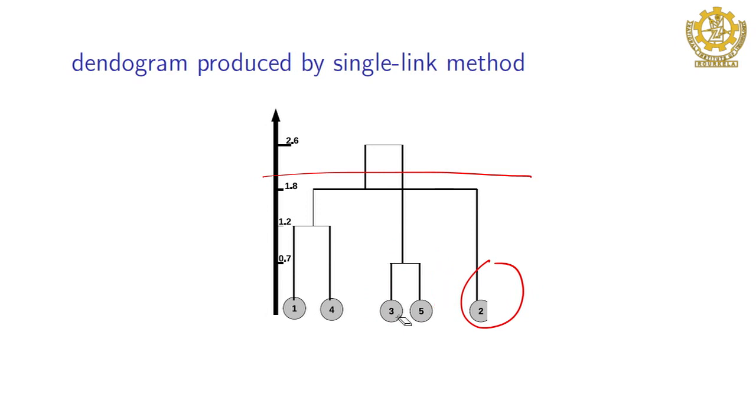So, first step we merge 3 and 5 and the minimum distance was 0.7. Next step, the minimum is 1 and 4, the distance between the two clusters was 1.2. Next you merge 1, 4 with 2, distance was 1.8, and then finally the two clusters merge at 2.6.